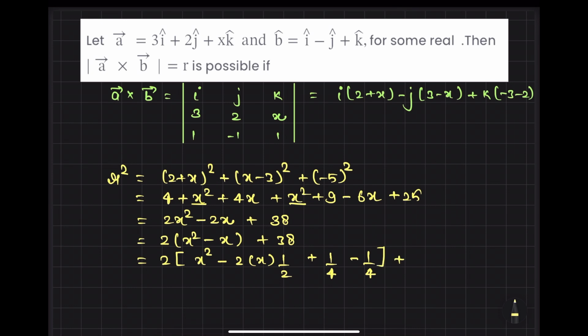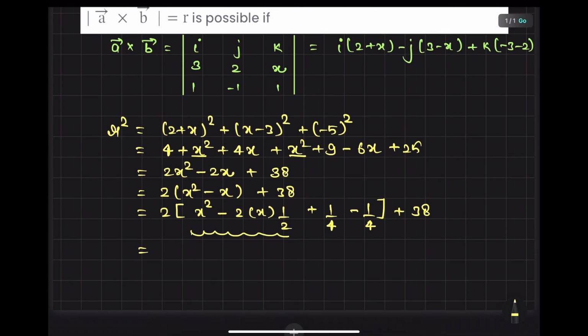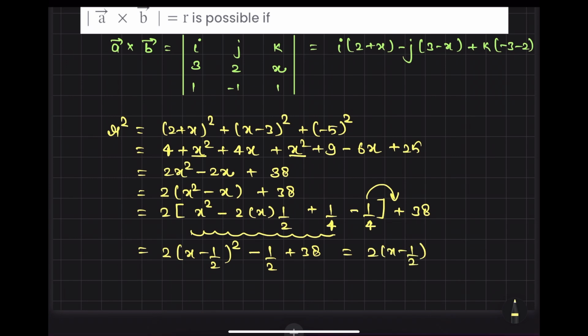So this is the bracket component. Now I'll club these and take this outside the bracket. So it is 2 times x minus 1 by 2 whole square, then minus of 1 by 2 plus 38. You can also write this as 2 times x minus 1 by 2 whole square plus 75 by 2. Correct?